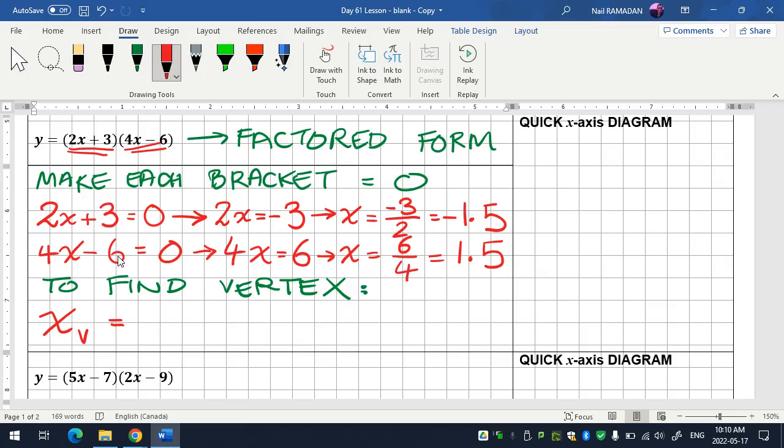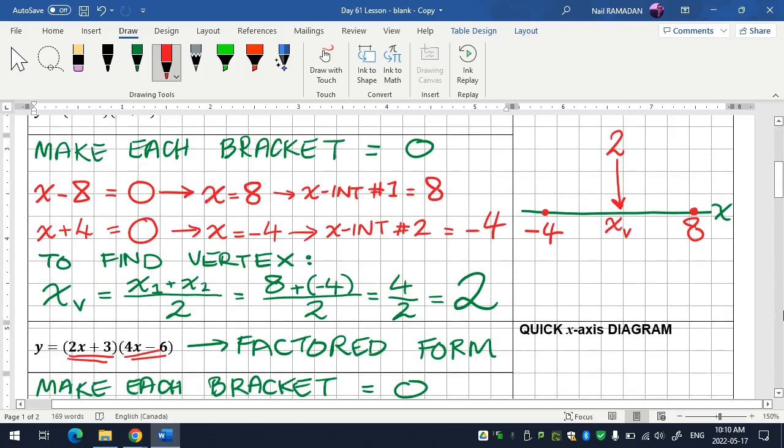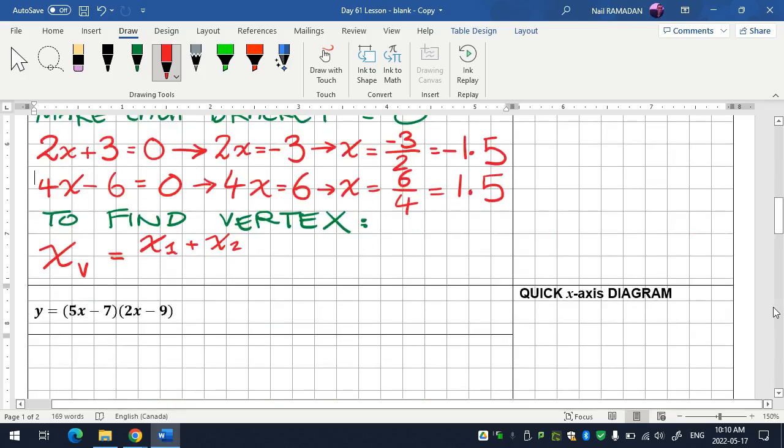Okay. So x number 1 or x1 plus x2. By the way, feel free here to put 1 and 2 if you like, instead of making a statement like this every time. Look, everyone, instead of having to say x equals 8, which means x-intercept number 1 equals 8, feel free to say x1 and x2. It's completely up to you. Whatever makes your life easy. Also depends on how much space you have.